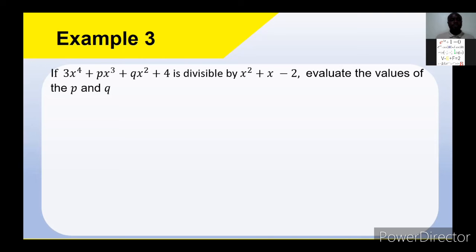Now, when you look at something like this, a few things will jump out at you immediately. The first thing is that you are seeing not one, but two coefficients of the x cubed and the x squared that are unknowns. In a previous example, we saw one unknown.